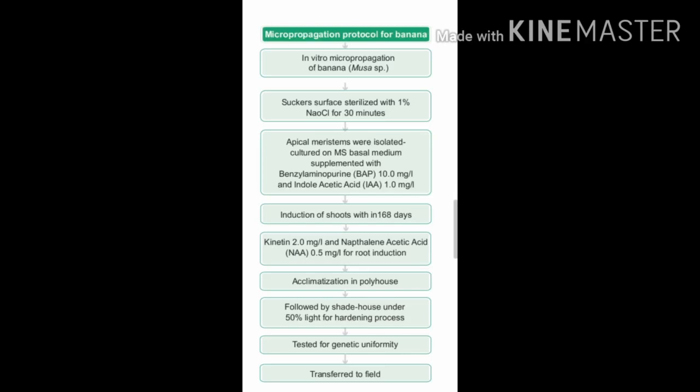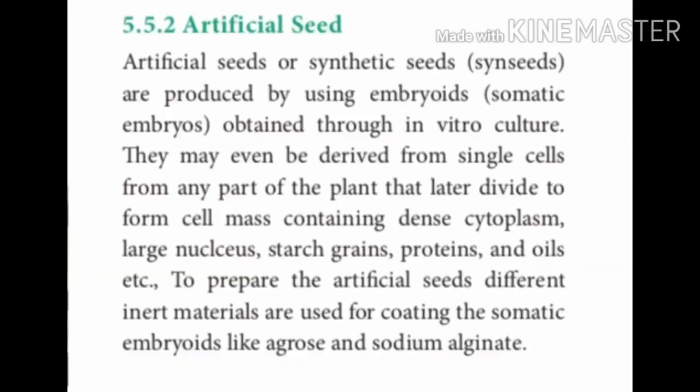Next we'll move on to a very important topic called the artificial seeds. Artificial seeds are known as synseeds, that is synthetic seeds produced by using embryoids, that is somatic embryos obtained in vitro culture.